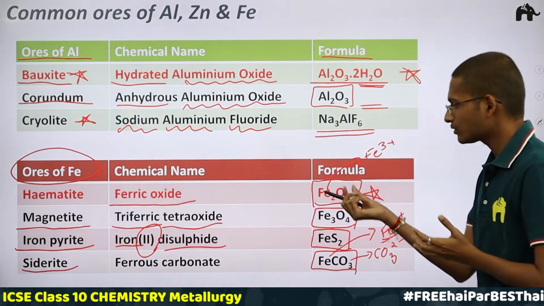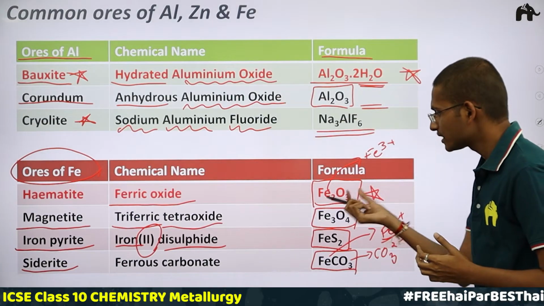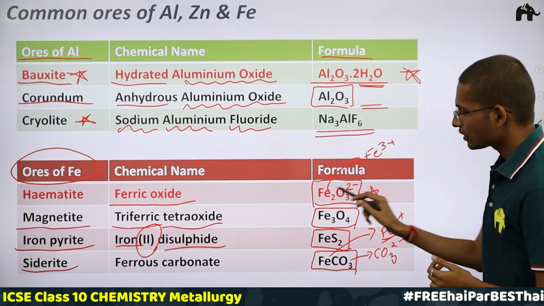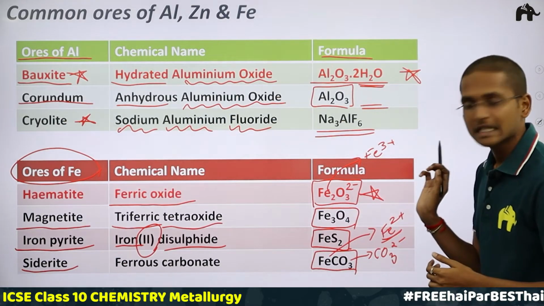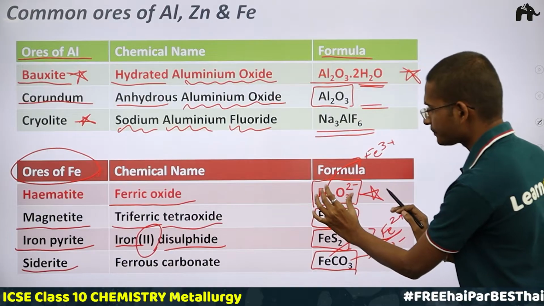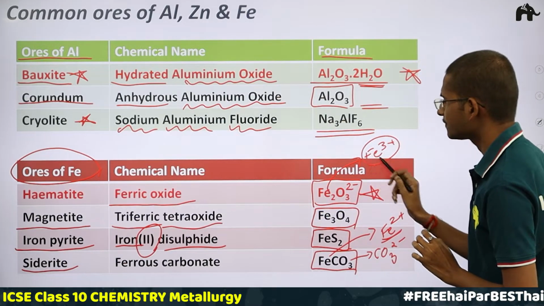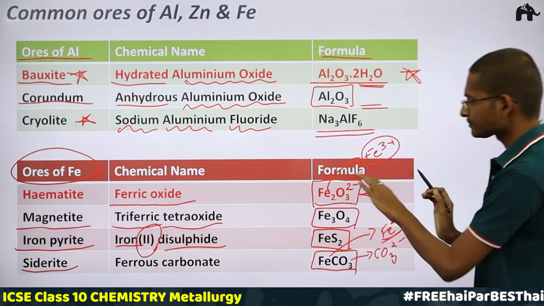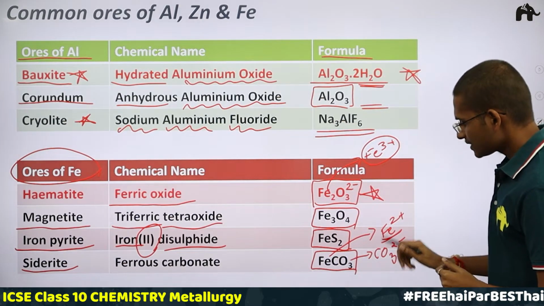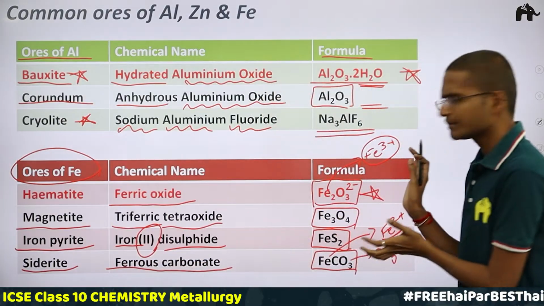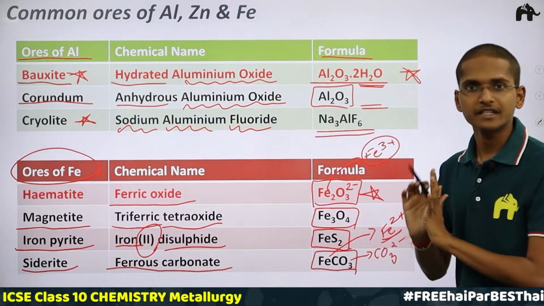Oxygen's charge is -2 here, so obviously iron's charge would be 3+ to balance it. That's why it is ferric oxide. And here, ferrous carbonate. These are very basic things you have learned already in your 9th grade, right?